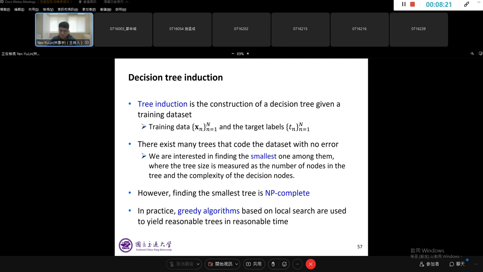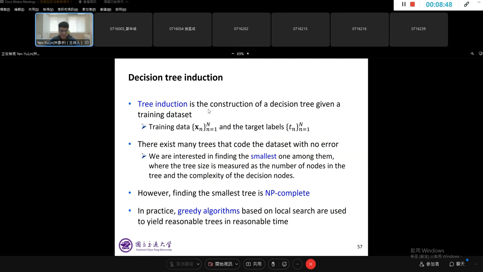If we want to use a decision tree for regression or for classification, the most important task is to construct a decision tree. We know a decision tree is a supervised machine learning methodology. Therefore, it is required to have a set of labeled training data.